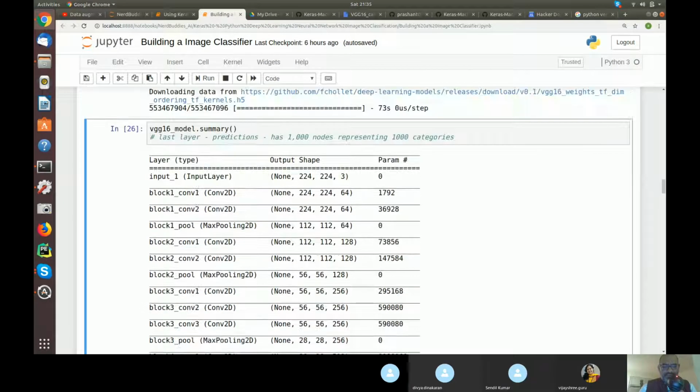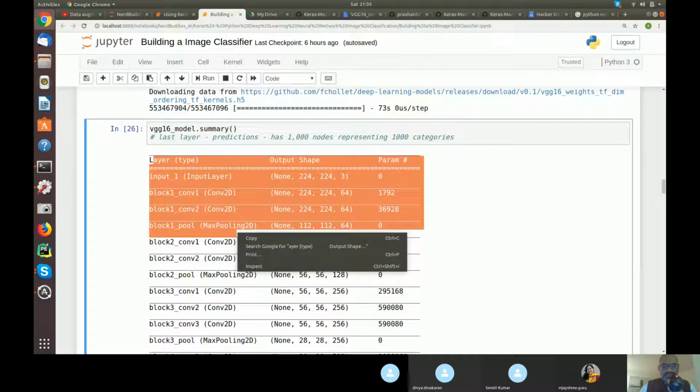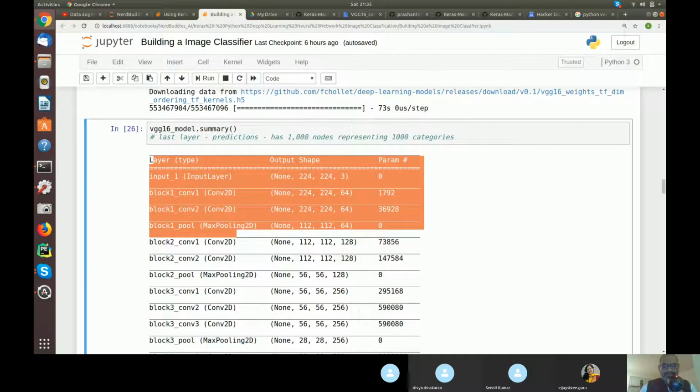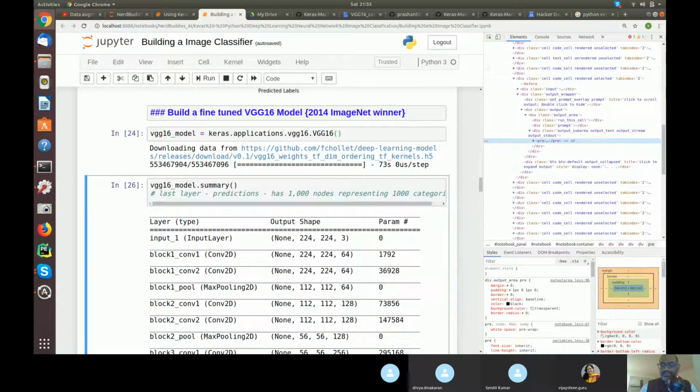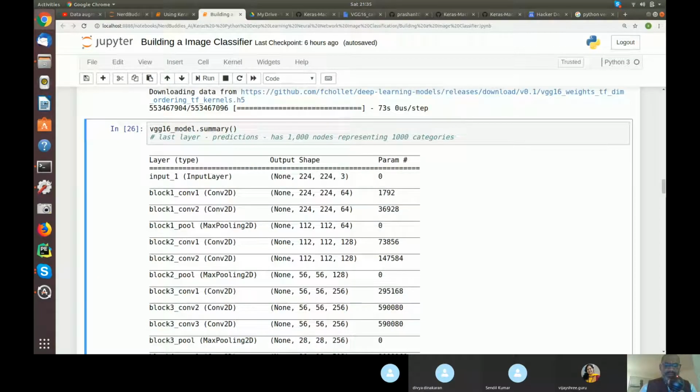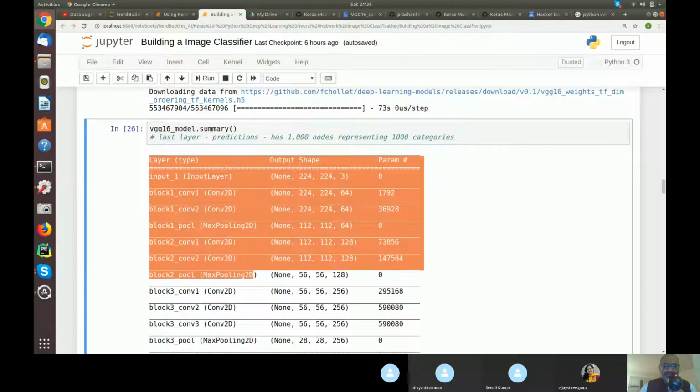Apart from that, this entire model, which has all these 130-something million parameters, we are going to freeze exactly how they are.